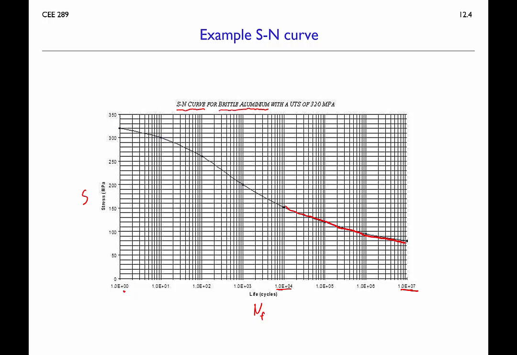In the plot, you can see the horizontal axis is in log scale. So each label we move over, we're going up by a factor of 10 in the number of cycles. The vertical axis is not in log scale here, but because the range of stress is not so big, the linear versus log scale doesn't look dramatically different. This would look even a little more linear if we put it in the vertical log scale.